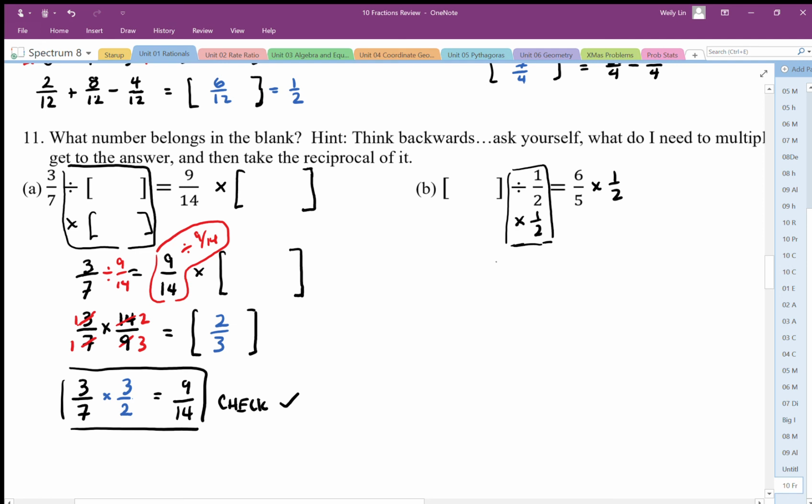All I'm left with is this unknown fraction on this side, and we have some common factors that we can simplify out here. I have a common factor of 2, so I'm going to divide by 2, and then I'm going to be left with 2 times 1 on top and 5 times 1 on bottom. So that's going to be my final calculation here. So that's equal to that.